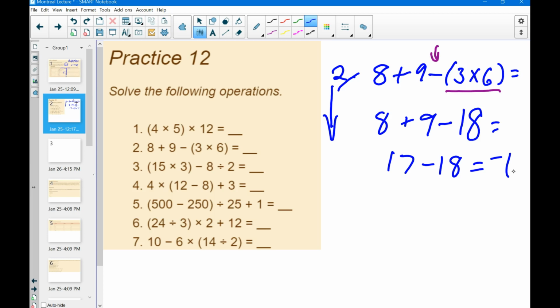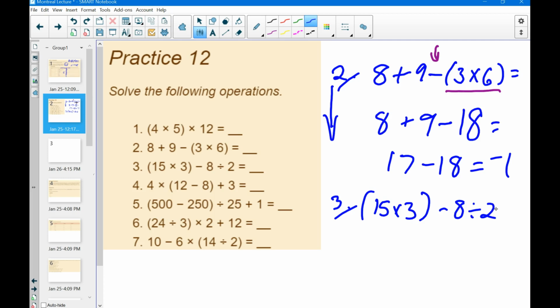Okay, let's try number 3. 15 times 3 minus 8 divided by 2. Well, once again, we're going to be applying the same rules as before: BEDMAS, brackets, exponents, division, multiplication, addition, subtraction.